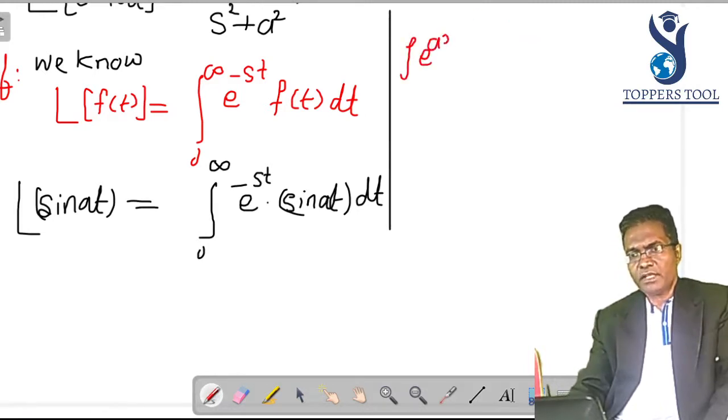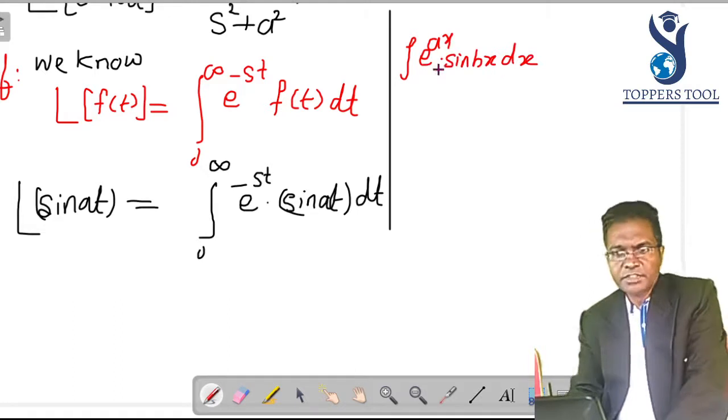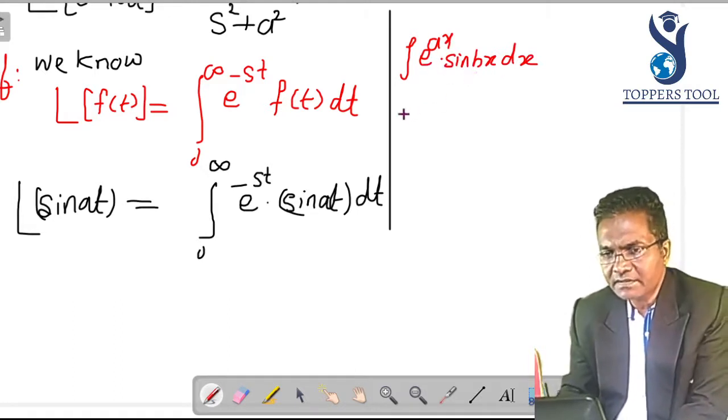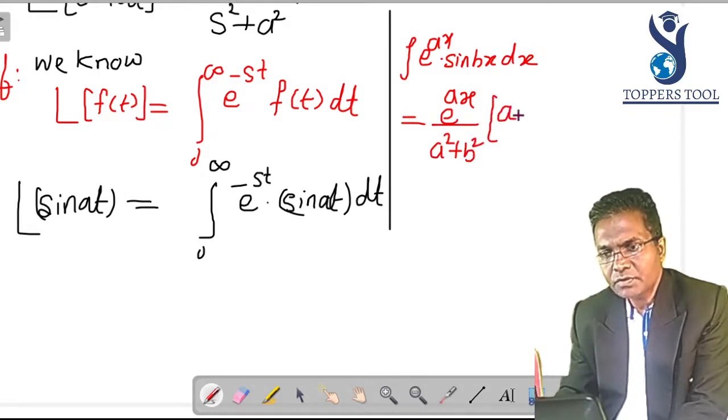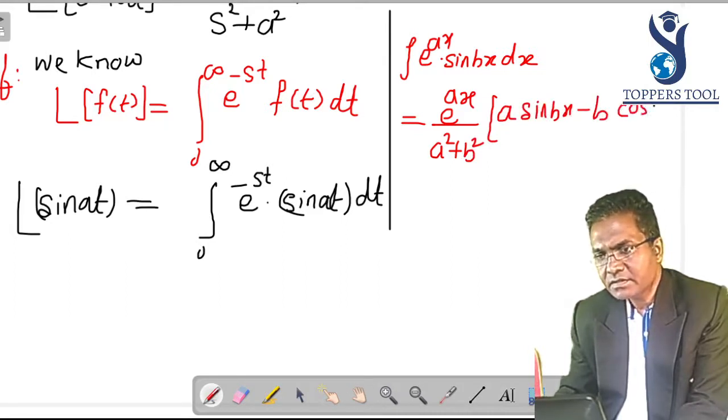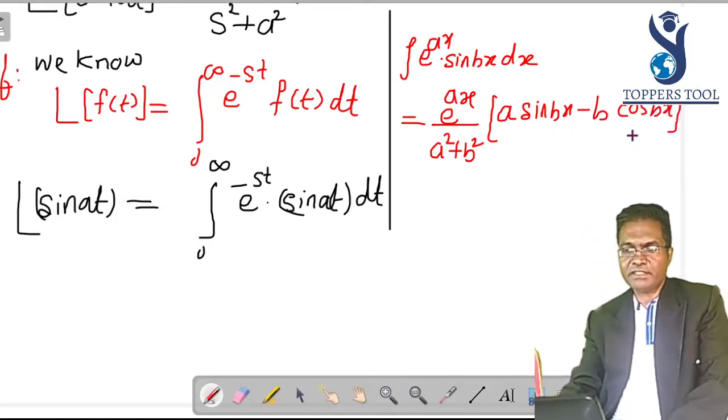Integration of e power ax into sine bx, the product of e power ax and sine bx, is e power ax by a square plus b square, into a sine bx minus b cos bx. Please remember this.